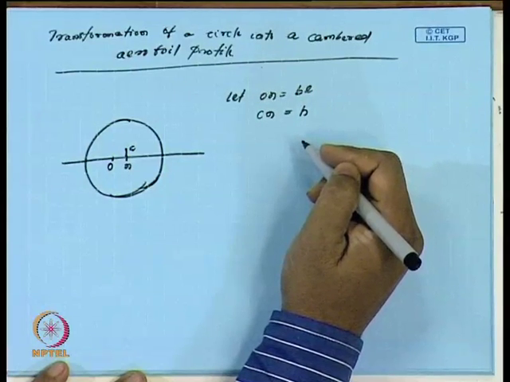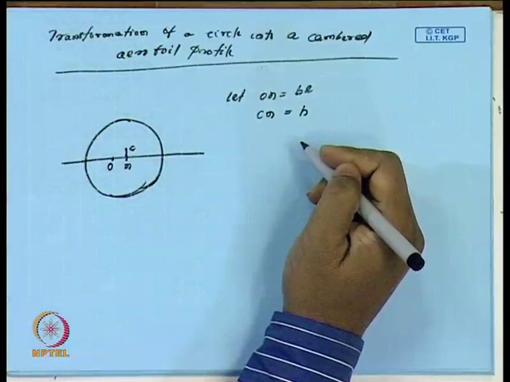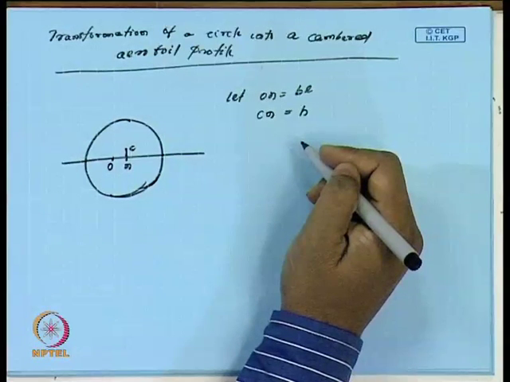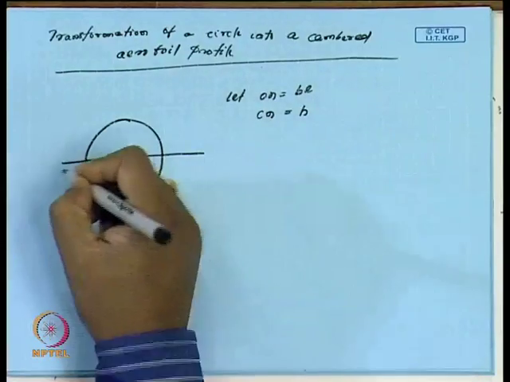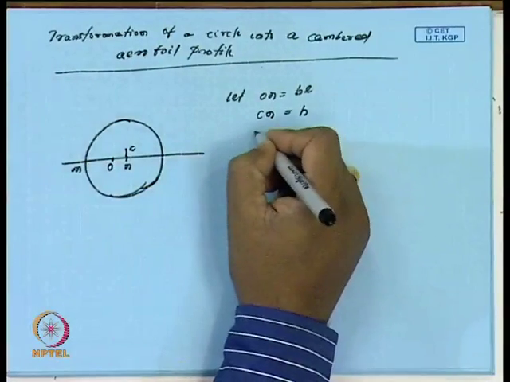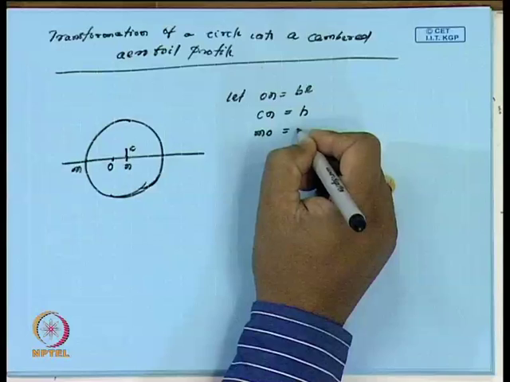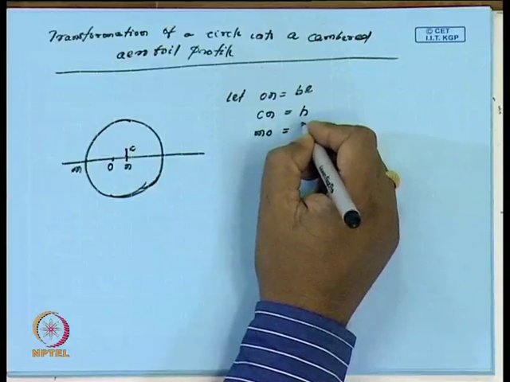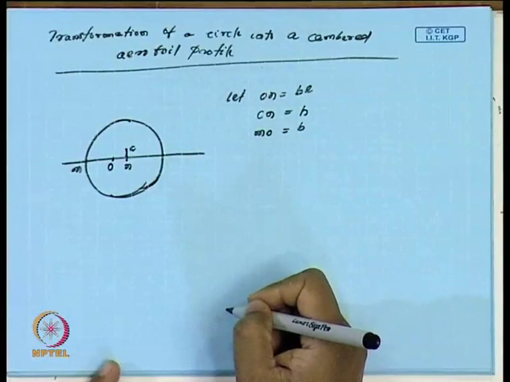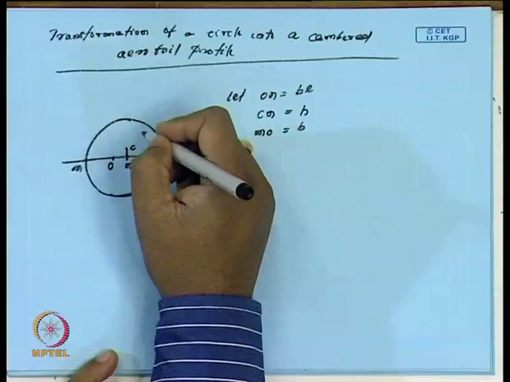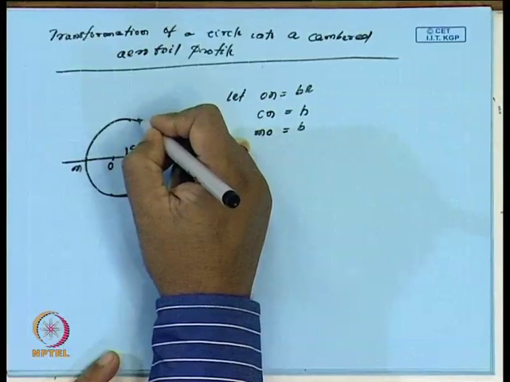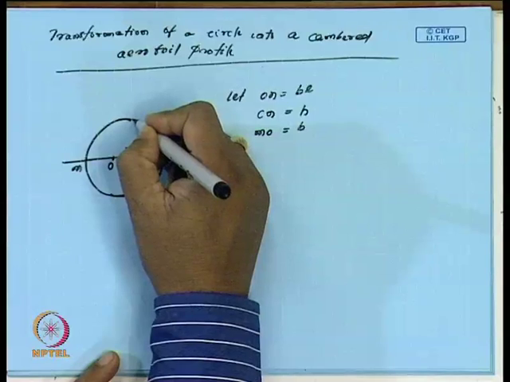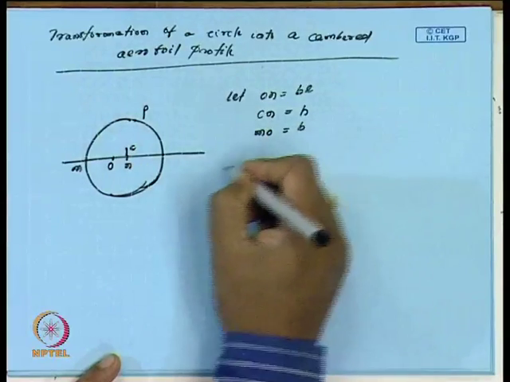Then we have M O. M is a point here, and M O is b. Now, suppose P is any point on the circle.